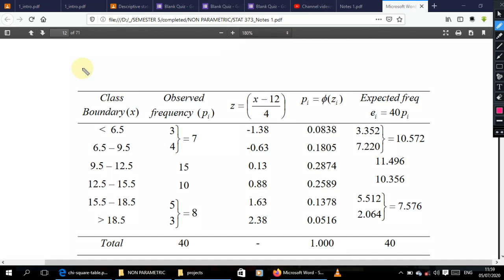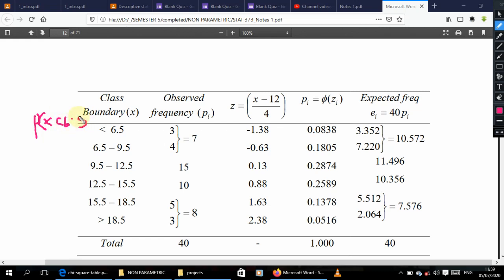Okay, so here this part is probability that x is less than 6.5.